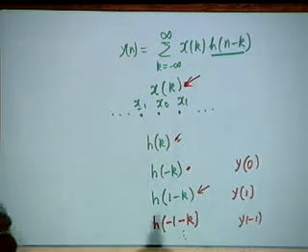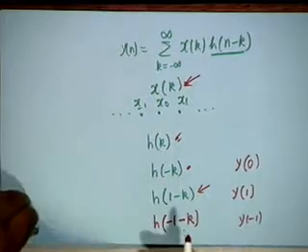Okay, let us take a simple example. Suppose k is 0, minus 1, plus 1, 2, minus 2. Okay, these are the values of k, and the signals are like this.